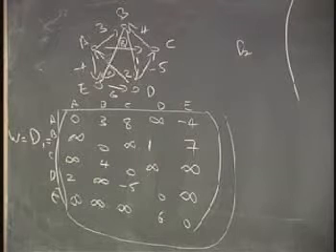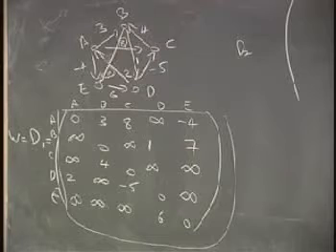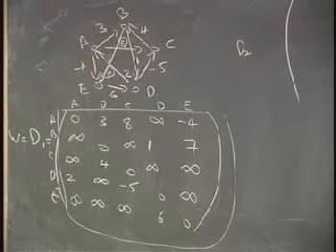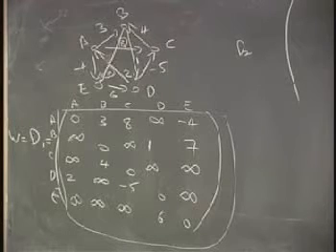What do we actually do? It's a lot of work, actually. We do D of A with the weight of A. That's 0 plus 0. That's not better than 0. D of AB plus the weight of BA.